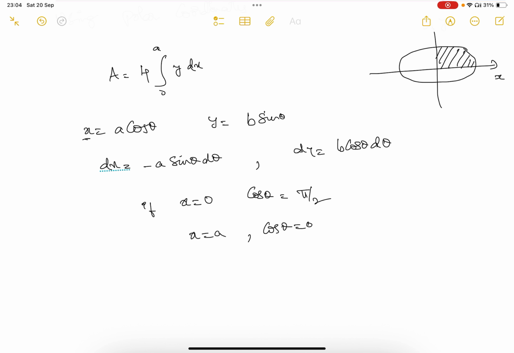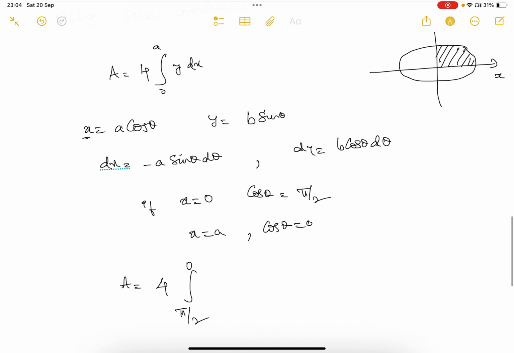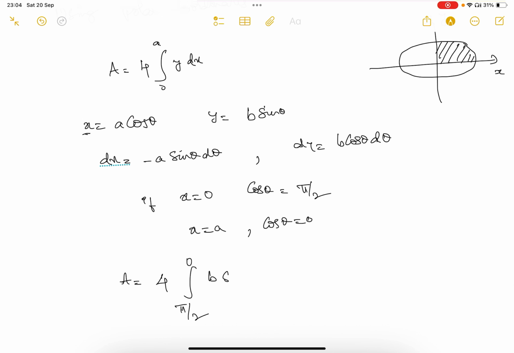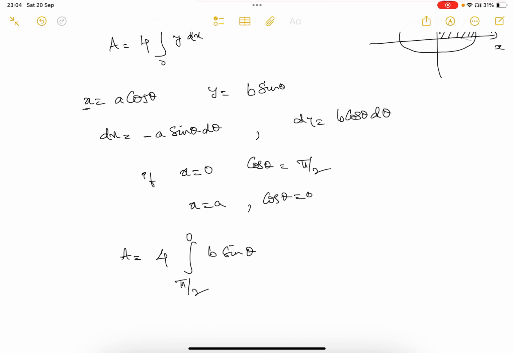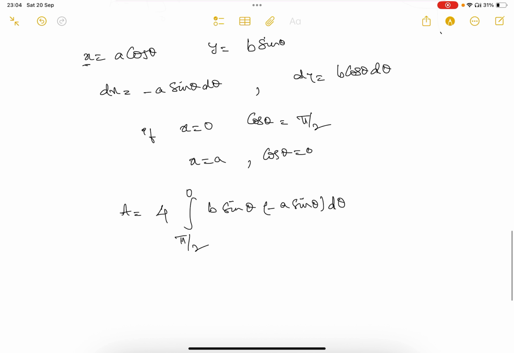Fine. Then the area is 4 times integral pi by 2 to 0, y is b sin theta, and dx is minus of a sin theta d theta.